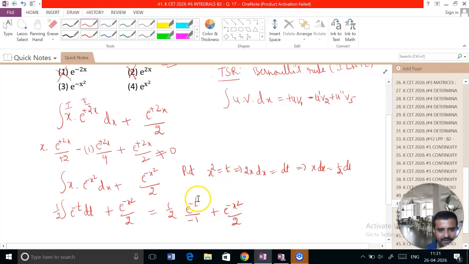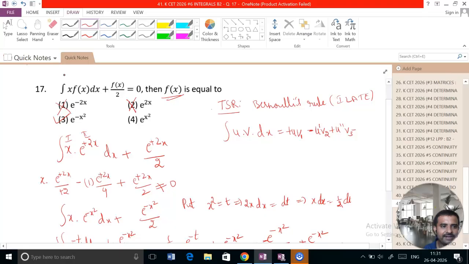After the substitution method, don't forget to substitute back whatever you have taken. Since t is x square, this can be written as e power minus x square divided by 2 with minus, plus e power minus x square by 2, and that gives 0. So option 3 is the right answer for question number 17.